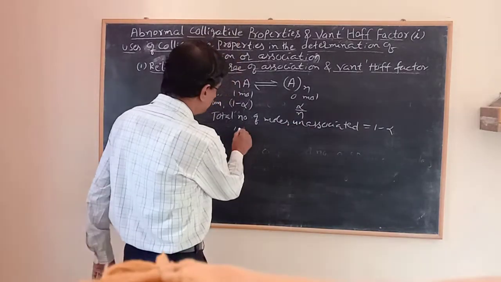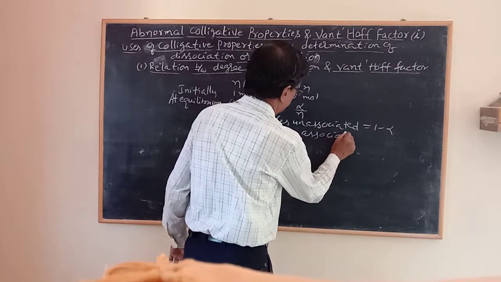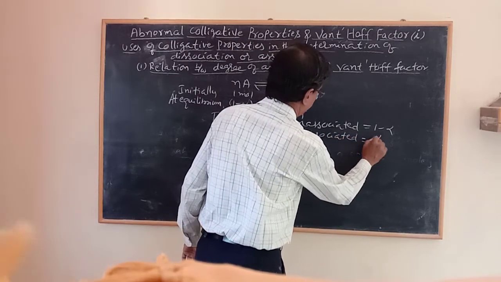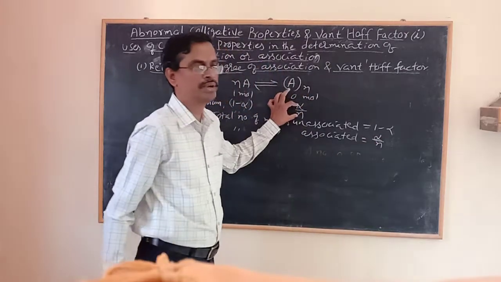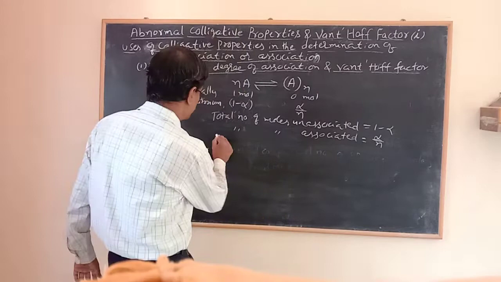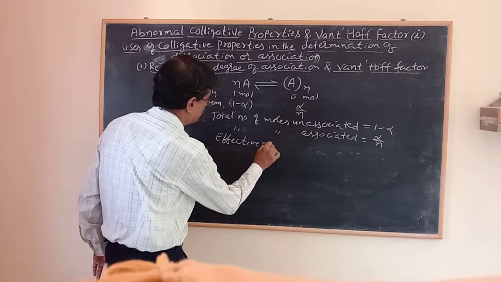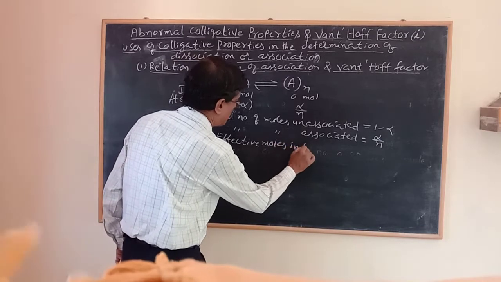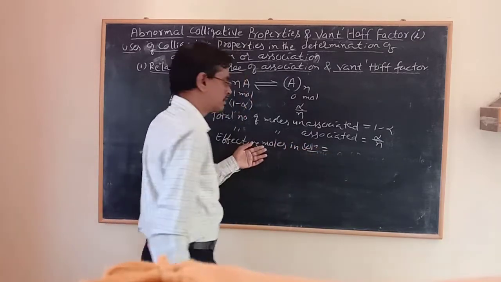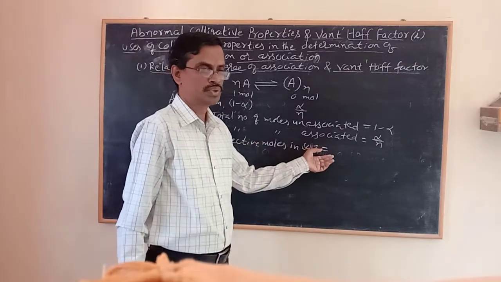Then the total number of molecules associated after association is equal to alpha by n. Now we can calculate the effective moles in solution, or the total number of moles after association.